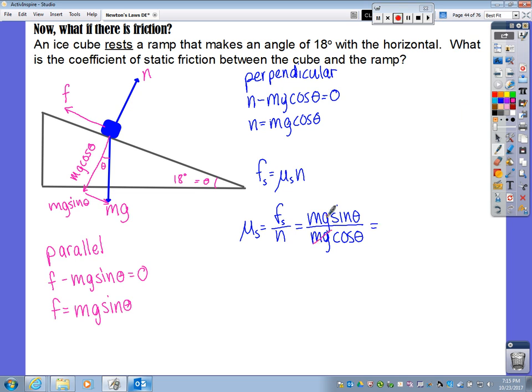The mg on the top and the mg on the bottom cancel. It doesn't depend on gravity. Sine theta over cosine theta, if you're a trig buff, you know is tan theta, which makes it a lot simpler. And tangent of theta equals, I'm going to look at my notes, 0.325, because theta is 18 degrees.